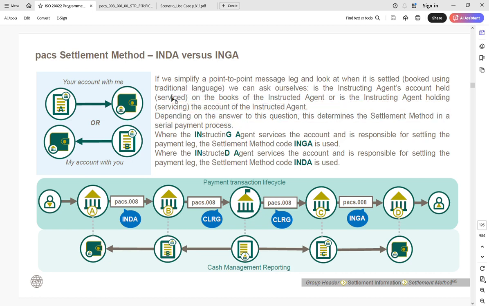Depending on the answer means point to point: who is sending the payment, who is receiving the payment. Here your account with me, my account with you. It is your nostro and vostro concept, right? Your account with me, my account with you. So the first one is nostro, this one, your account with me. So what is the meaning of this A and this star?